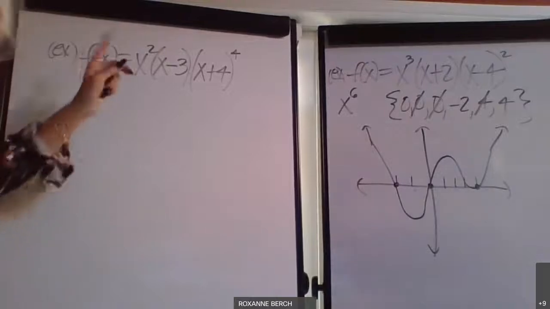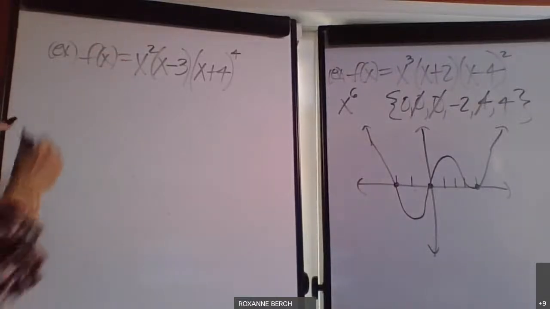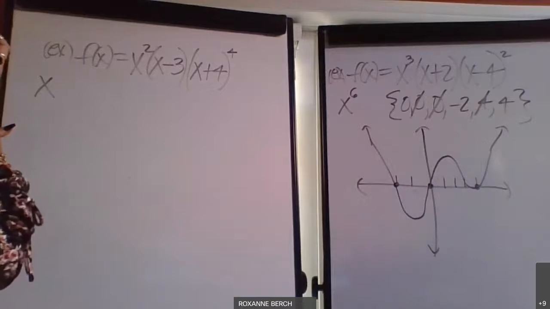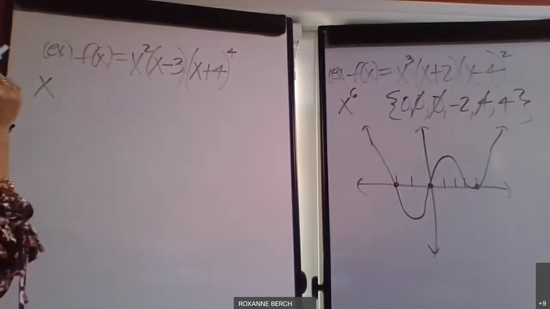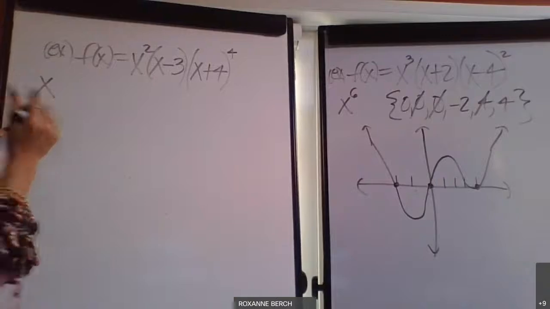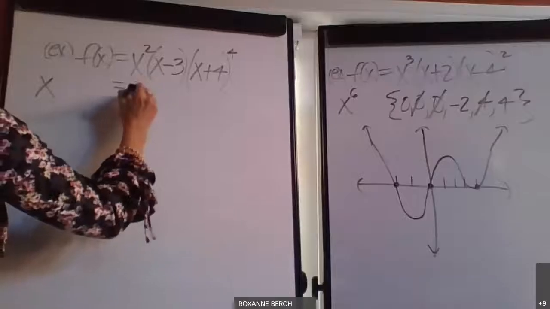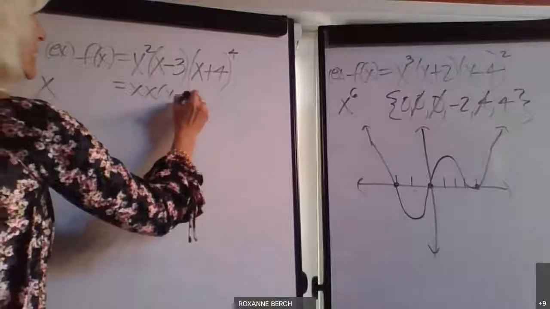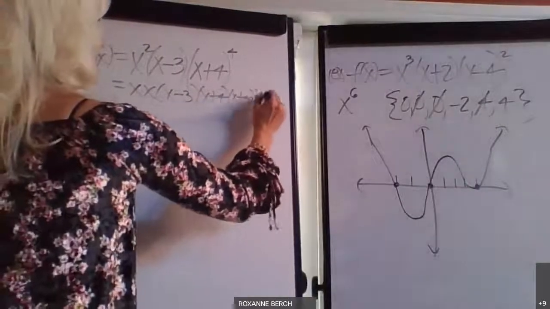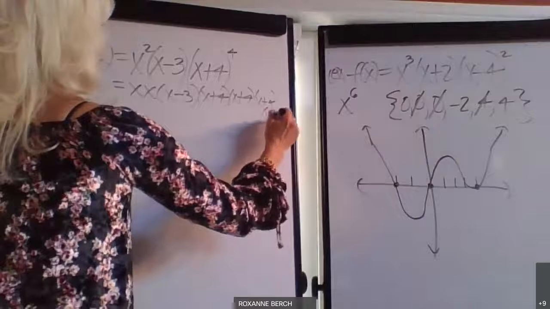Okay, what do you think the degree of this guy is? Eight. Well, I wrote it 7, because if I wrote it out, wouldn't it be this? Isn't that what that means?